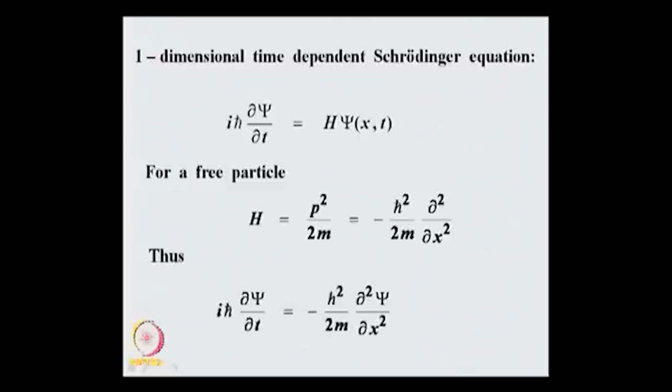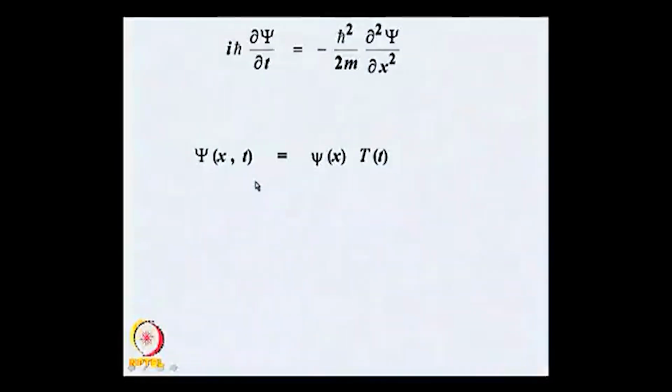So, this equation is the one dimensional time dependent Schrodinger equation for a free particle, and we would like to have the most general solution of this equation for a free particle. As I had mentioned earlier, we solve this equation by using the method of separation of variables.